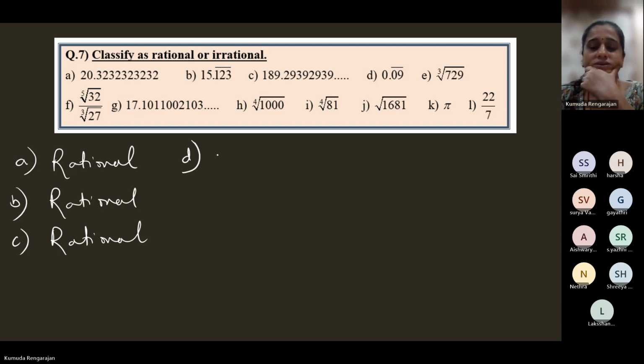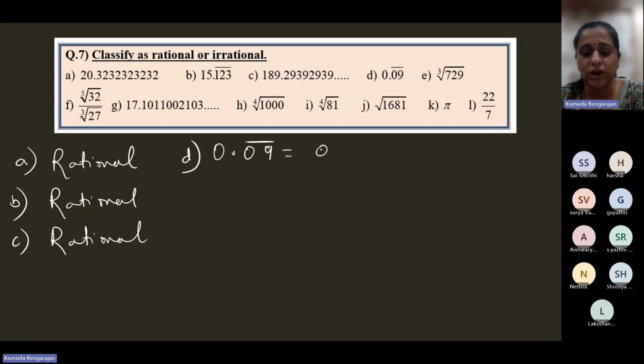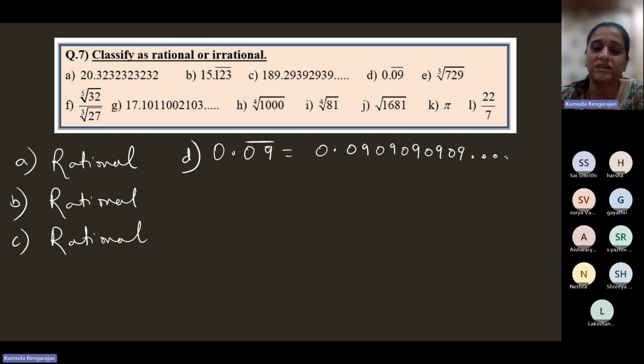D. Rational number. Terminating. How is it terminating? D is 0.09 with a bar on 09. That means 0.0909090909 going on endlessly.